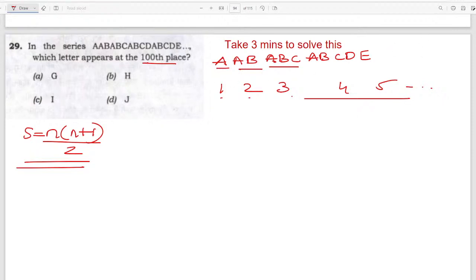This will go on like this: 1, 2, 3, 4, and when it is 5, A, B, C, D, E, and F. It is an increasing pattern. To calculate the 100th place letter, we have to find the sum of natural numbers closest to the 100th place. For example, the first 10 terms: 10 into 11 by 2 is 55.